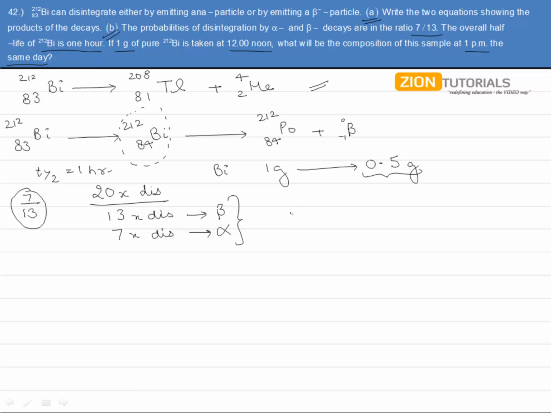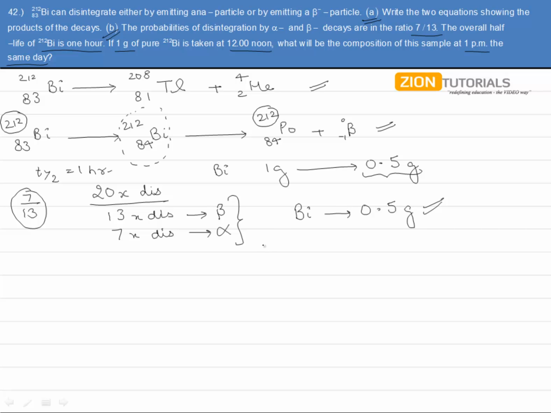Now, what we need to find out is the composition. For composition, we can say the bismuth to be 0.5 grams because it is 1 half-life period. And now we need to find the polonium, Po, from the second equation. From the second equation, we can see that the mass numbers are the same, that is 212 and 212.